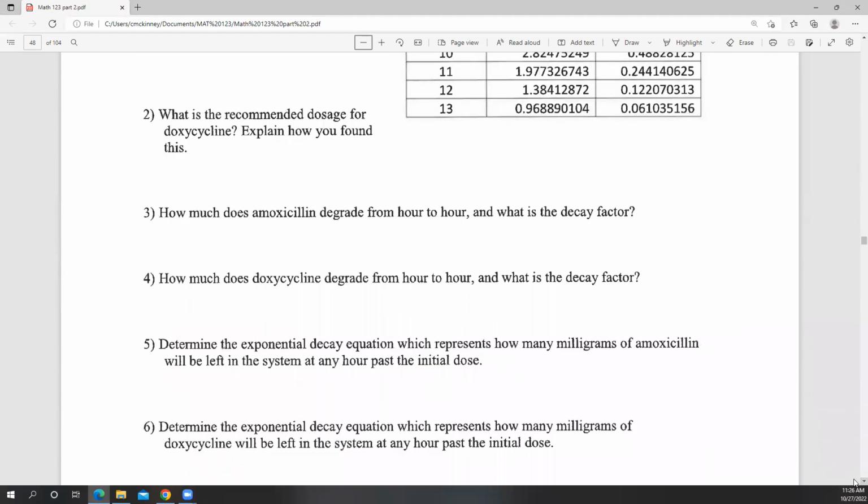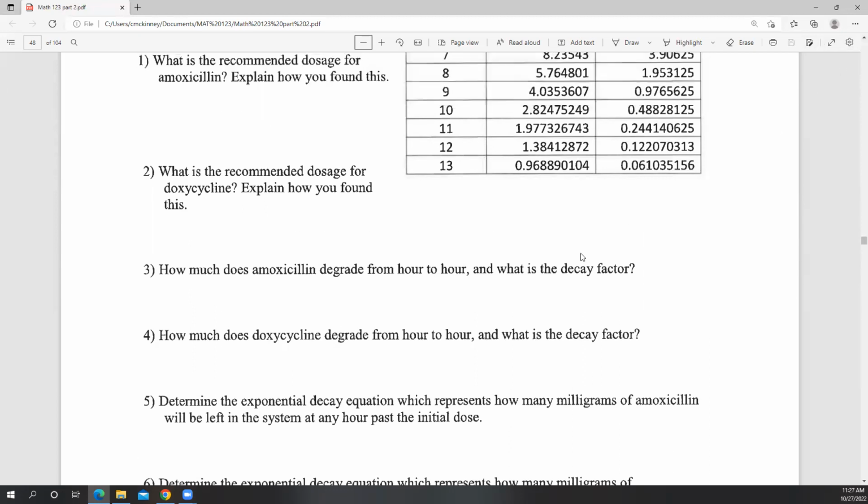So then how much does amoxicillin degrade from hour to hour, and what is the decay factor? Okay, so how much does it degrade from hour to hour? It would be 50%.